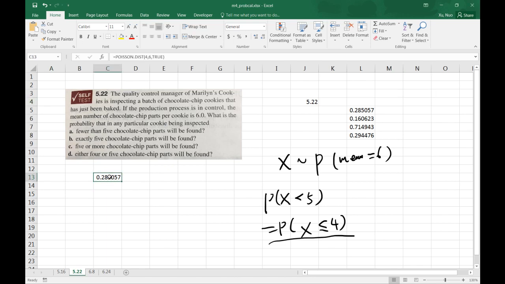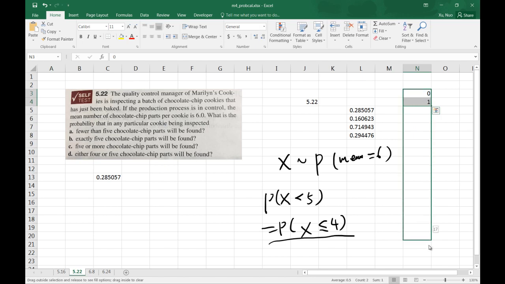This function also allows us to quickly get a sense of the total distribution of this variable, or to satisfy your curiosity about how likely you would have, say, 20 chips in the cookie. So what we can do is start from 0, 1, and create a list of numbers up to, say, 20.